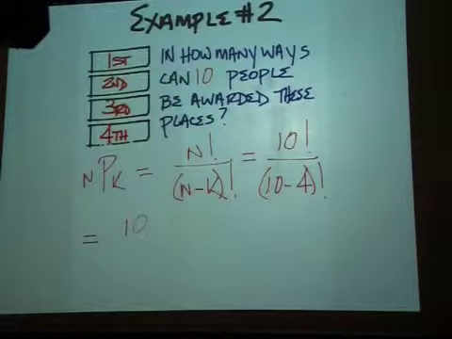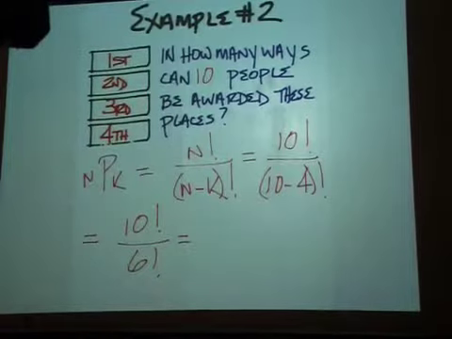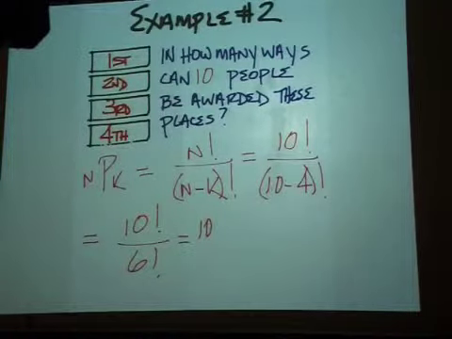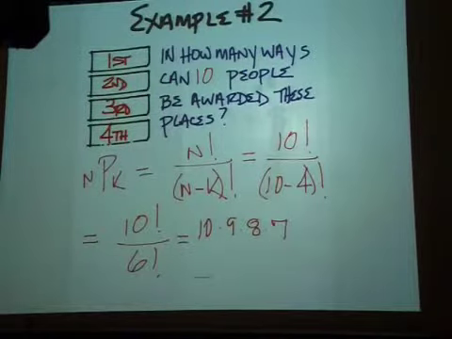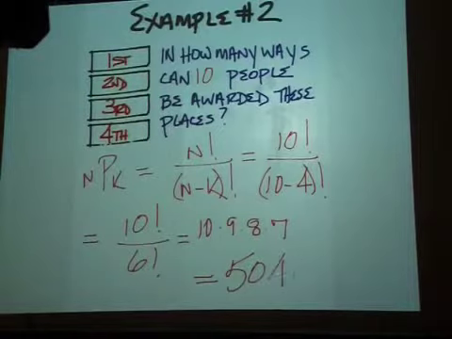That comes out to be 10 factorial over 6 factorial, which is really 10 times 9 times 8 times 7. And that comes out to give us a final answer of what? 5,040? Alright.